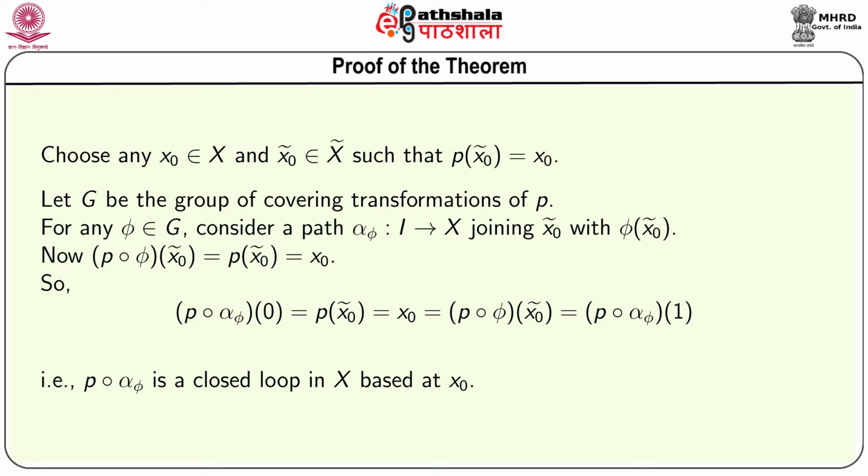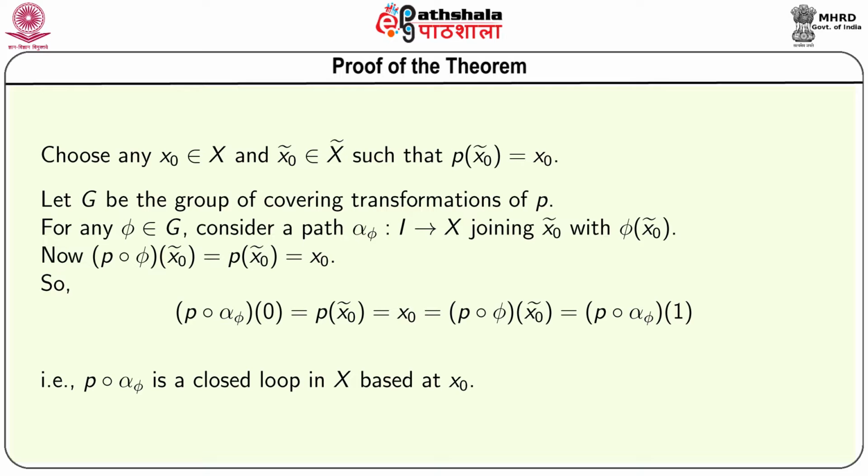That means alpha phi of 0 is x0 tilde and alpha phi of 1 is equal to phi of x0 tilde. Now, P compose phi is equal to P gives P compose phi evaluated at the point x0 tilde is equal to P evaluated at x0 tilde, and that is equal to x0.